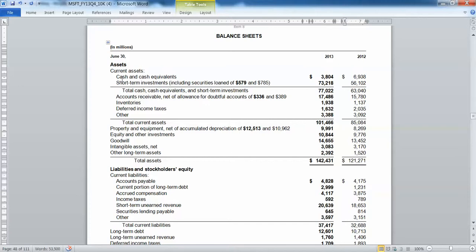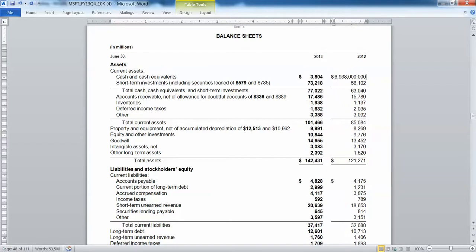So, for example, Microsoft did not have cash at the end of 2012 of $6,938. I need to put 6 zeros behind that. That's how you quickly multiply by $1 million. Microsoft had $6,938 million of cash and cash equivalents.